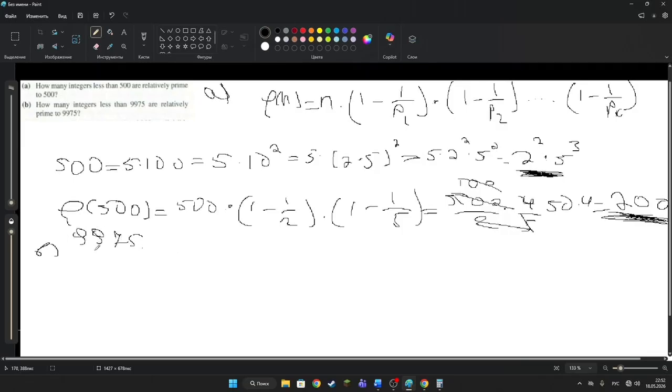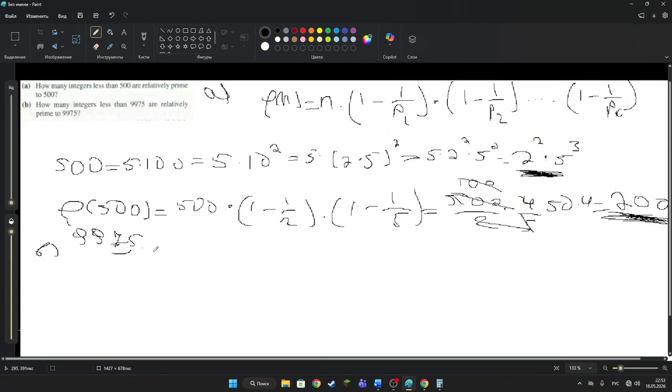So the B case, there is a number 9975, and we also must find its prime factorization. So this number ends in 75, and it means that it's divisible by 25.